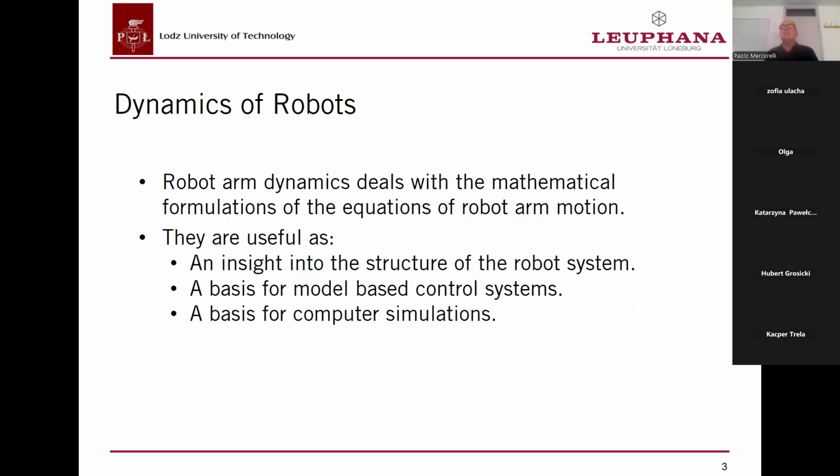The word which I already introduced, motion. The motion is the key point of a robot. Motion means, roughly speaking, movements. In order to describe the movements in terms of dynamics, of course, we need forces, as I told you, or torques. And we will see that the model is extremely important for different reasons.